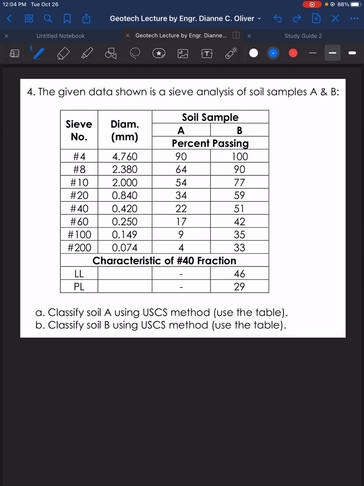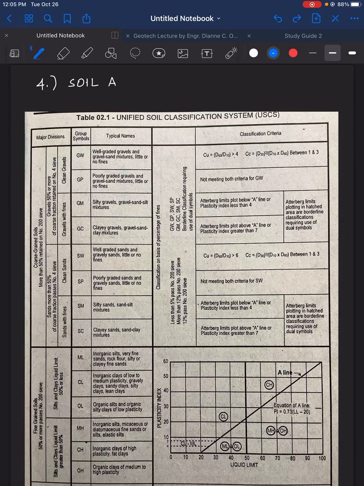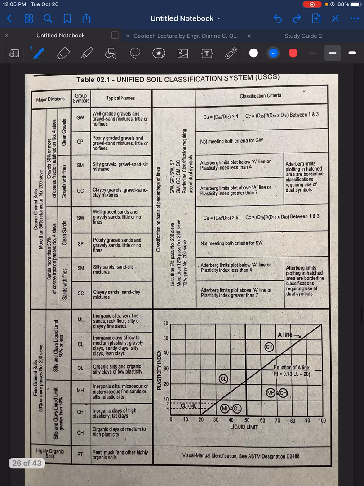Okay, so let's start with the soil A. So using this table for USCS, let's classify soil A. Now again, as we discussed in the previous video, we need to take this from left to right. So look at this condition at the leftmost portion.